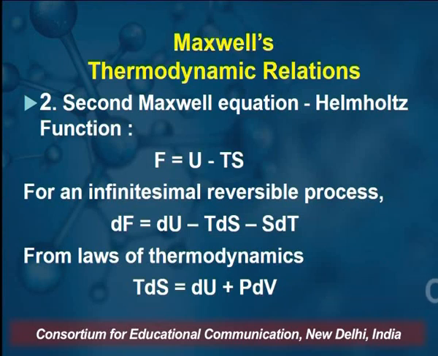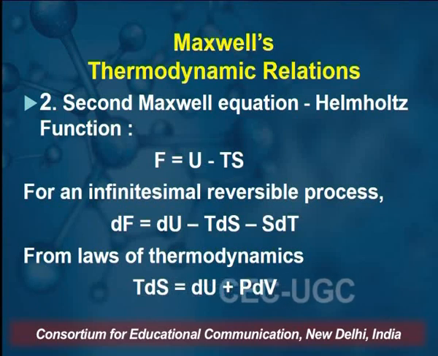Now let us derive the second Maxwell's relation. To derive the second Maxwell's relation, we will use the Helmholtz function. By definition, the Helmholtz function F is equal to U minus TS. For an infinitesimal reversible process, we have dF is equal to dU minus TdS minus SdT.